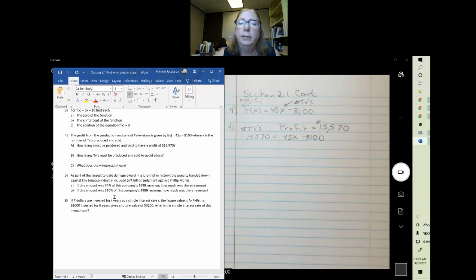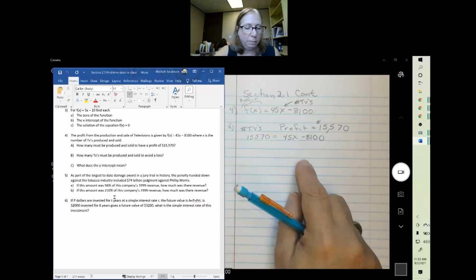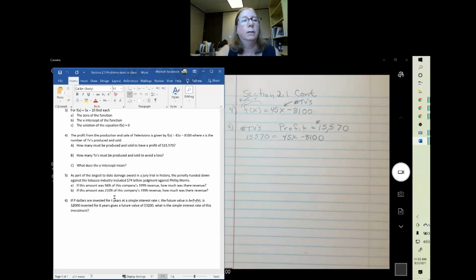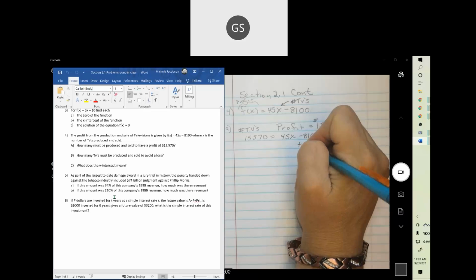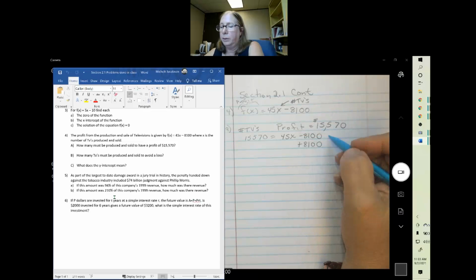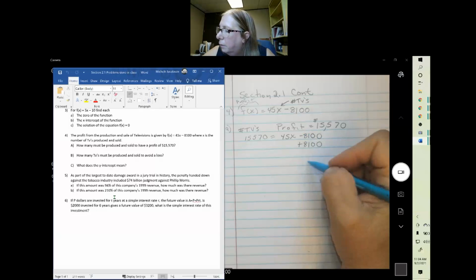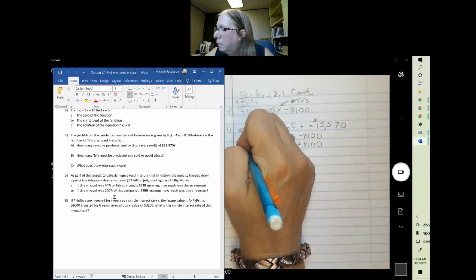Now if we're going to solve this, what's the first thing we need to do to get x by itself? Add 8,100 to the other side. Exactly. We want to get rid of this 8,100, and since it's a minus, we're going to add it to the other side.